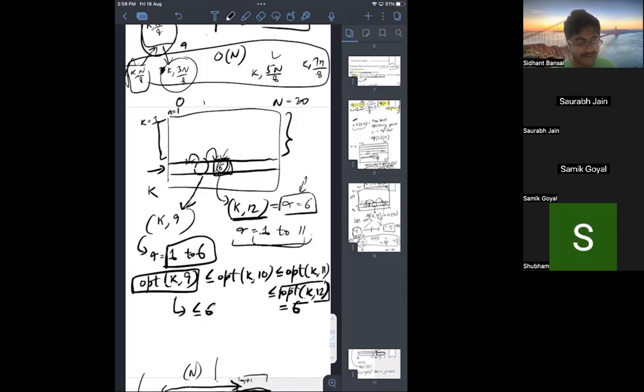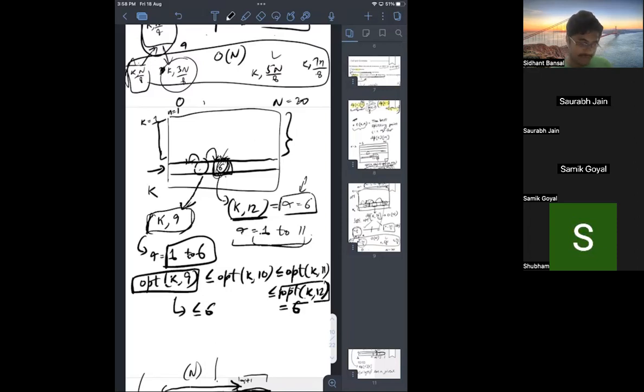And your opt array has a very good definition: what's the best alpha for my DP calculation? If I know that the best alpha for a DP calculation ahead of me is 6, then there is no point in me trying the alpha value of 7 or 8, which is a larger value. Is this particular example clear? Like how we could reduce the search space for k comma 9.